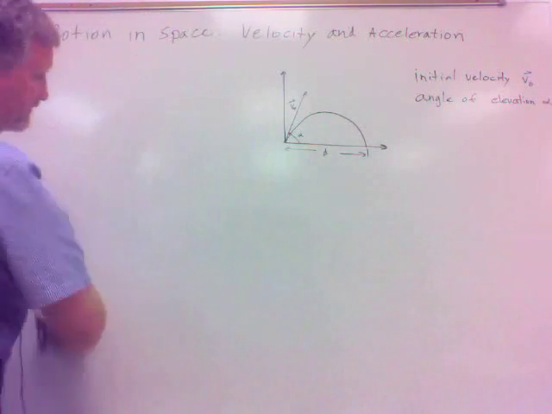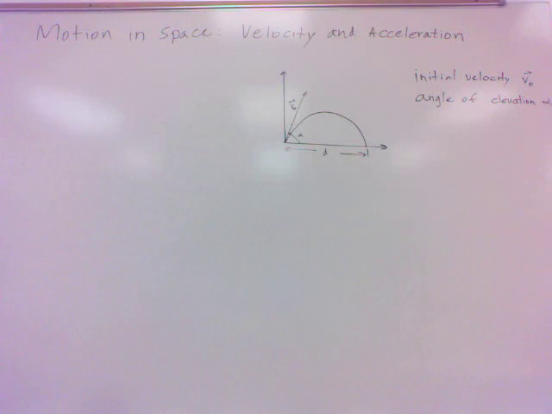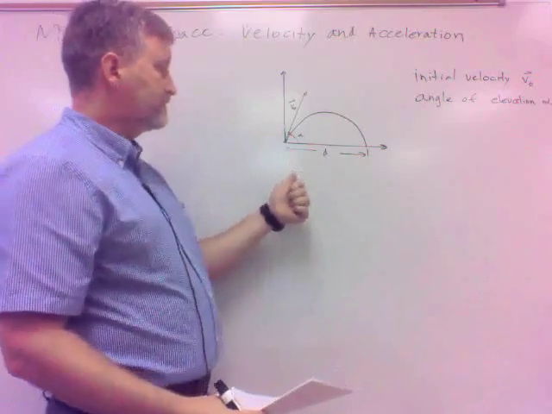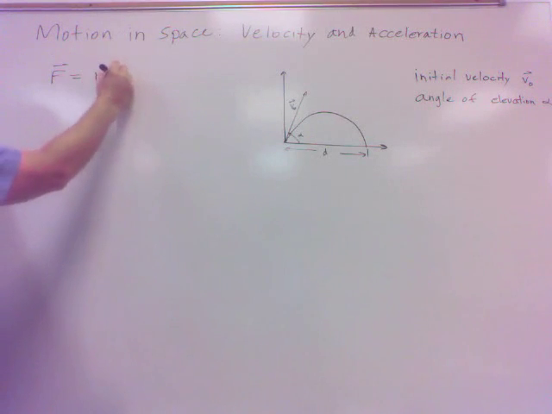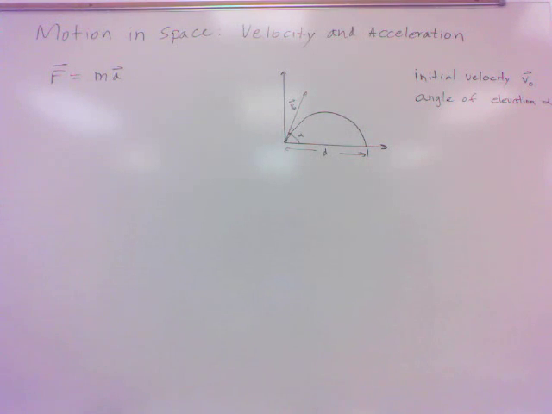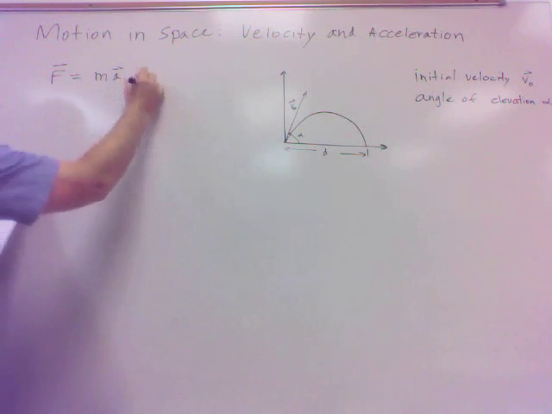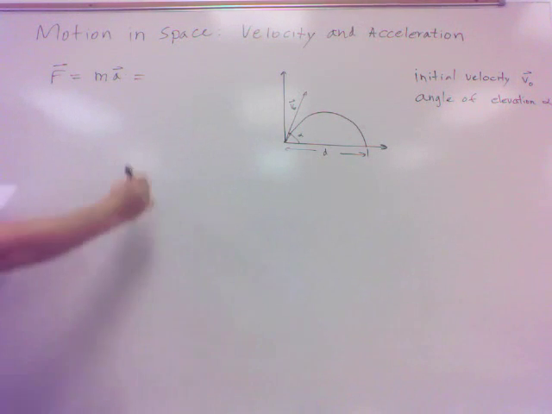We're just firing it with a certain initial velocity, and so the force we know acting on this would be gravity, which is going to act downward the way we've drawn it here. So the force is equal to the mass times the acceleration vector. Our force is going to be downward, and so that means negative.